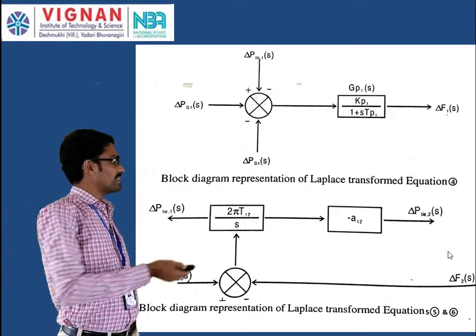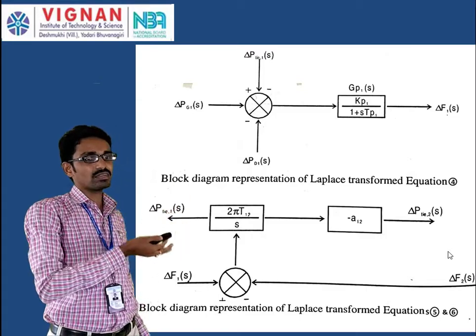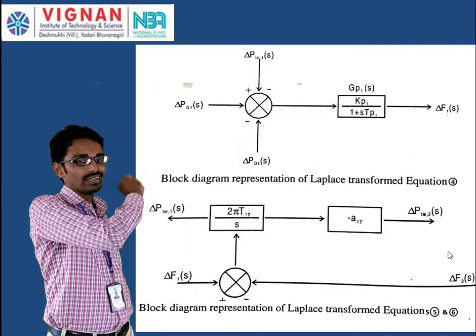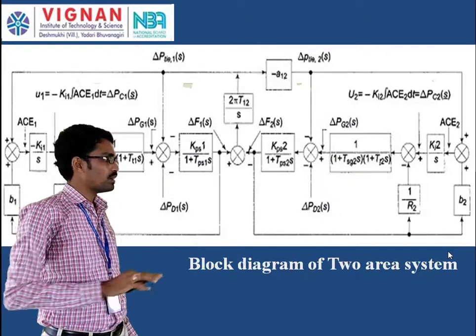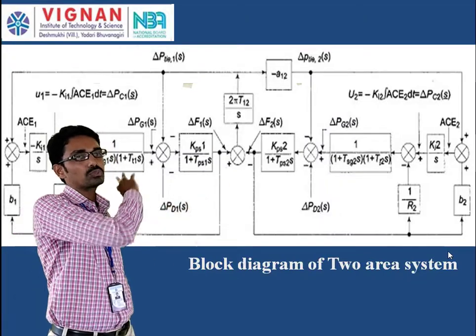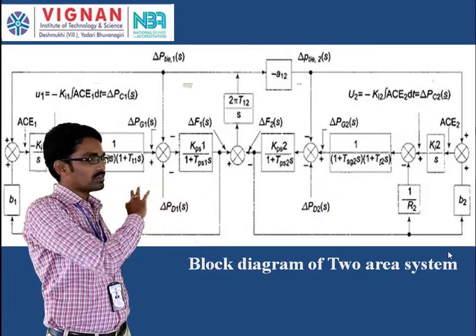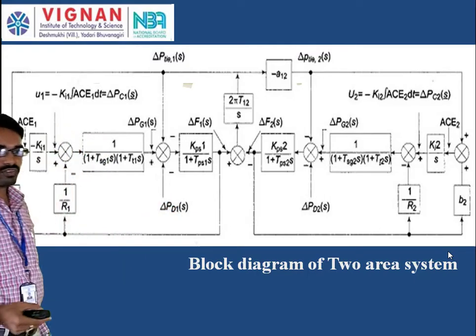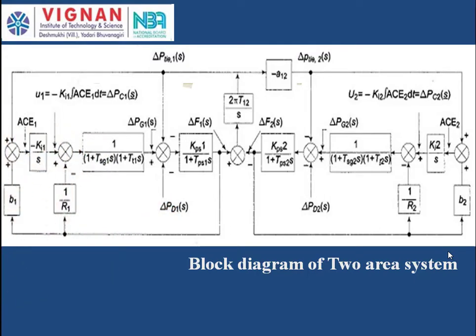So if I combine these two block diagrams with reference to the single area system, we are going to get the total big block diagram of the two area system. So if I move outside, you can see the total block diagram of the total system. That means you are going to get the two area system block diagram.